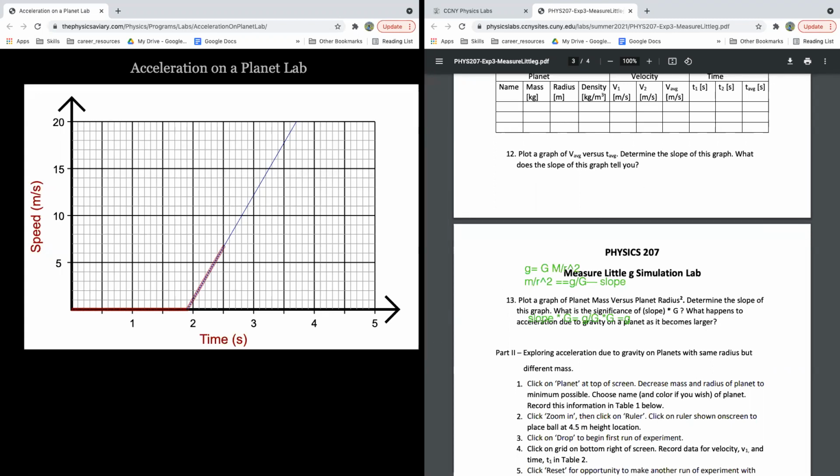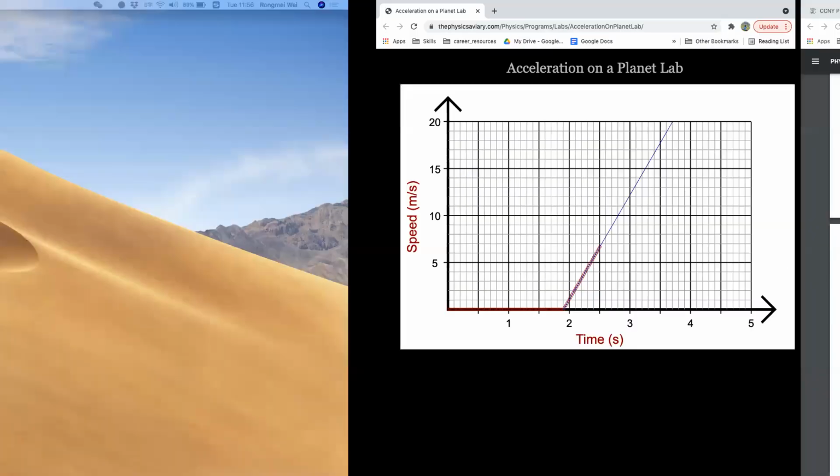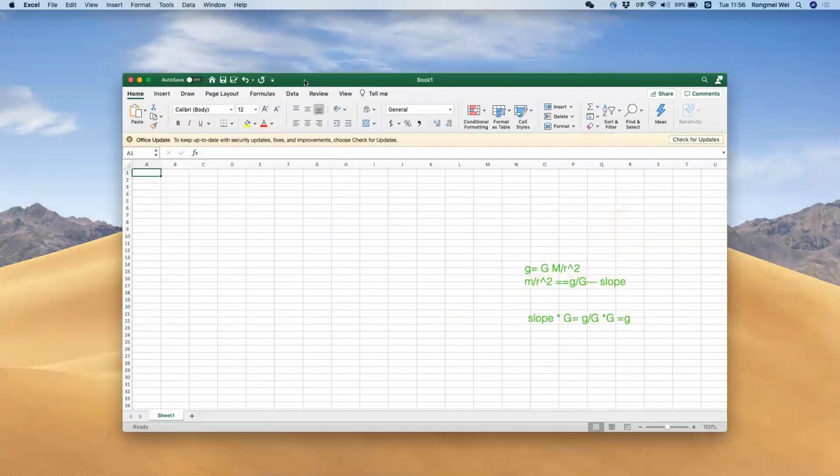I will show you one example. This one should be 10, 8, 6.